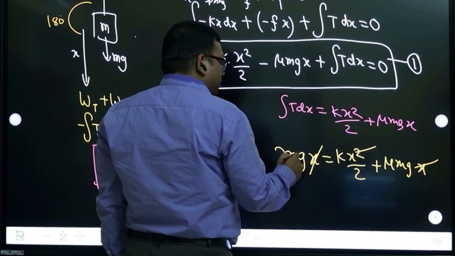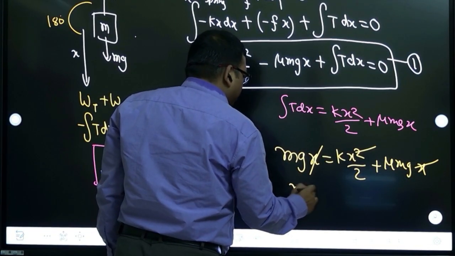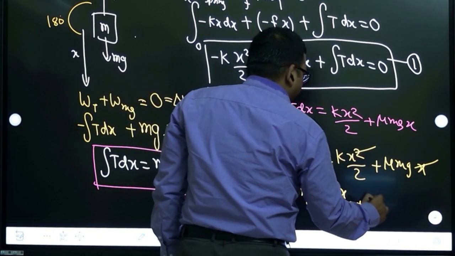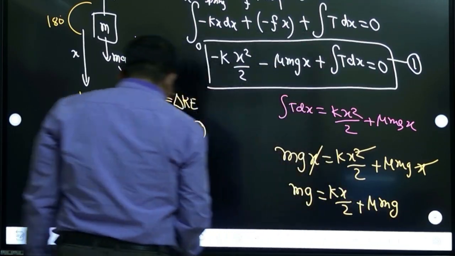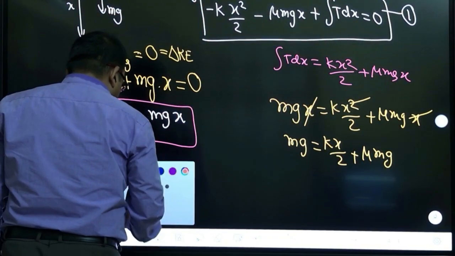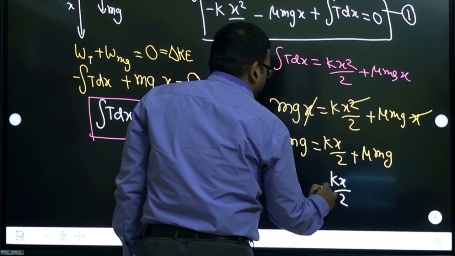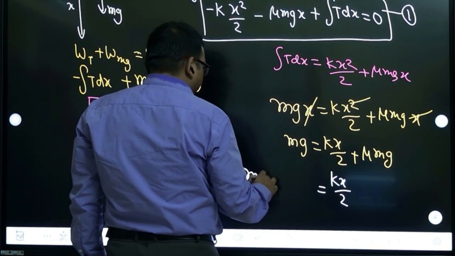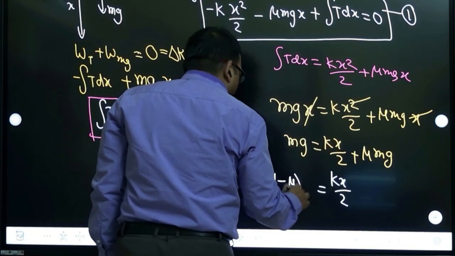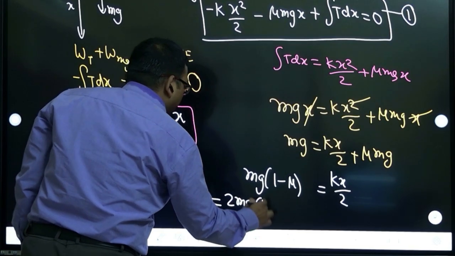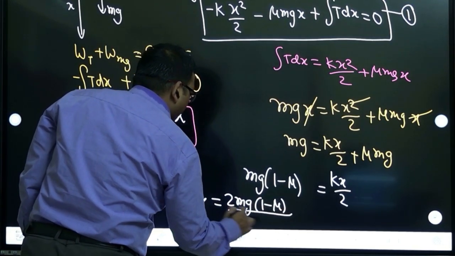Mass will remain, okay, keep it: mg is equal to kx by 2 plus mu mg. Now calculate, I think now we got the answer, right? So kx by 2, bring the mg terms to this side, so mg times 1 minus mu. So x will become equal to 2 mg (1 minus mu) by k.